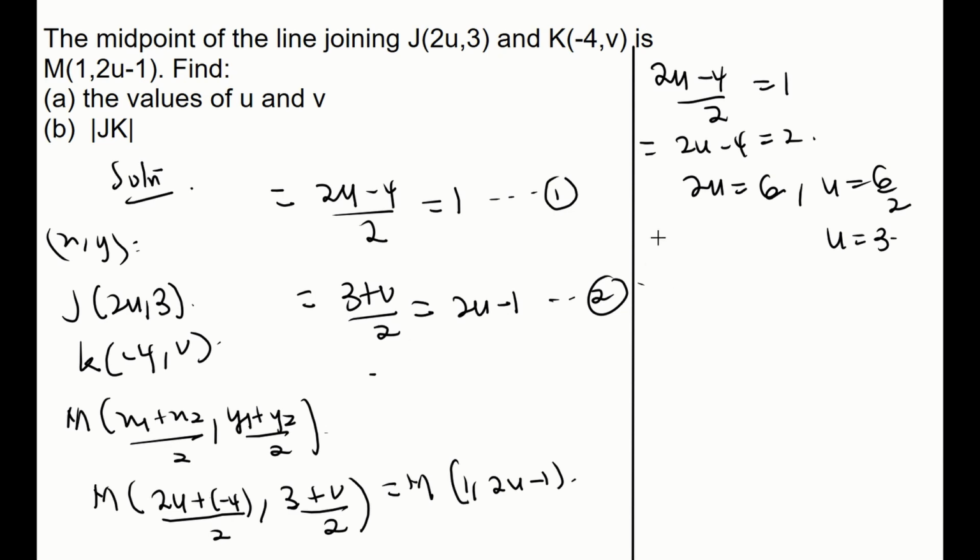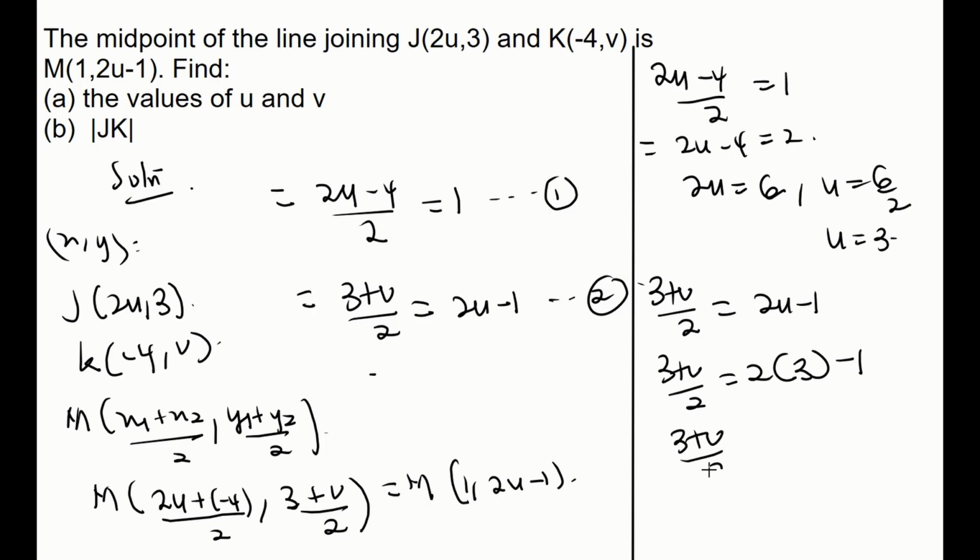So in equation 2, we have (3 + v) all over 2 should be equal to 2u - 1. But we know the value of u, which is 3. So this is 3 plus v over 2 is equal to 6 minus 1, that is 5.